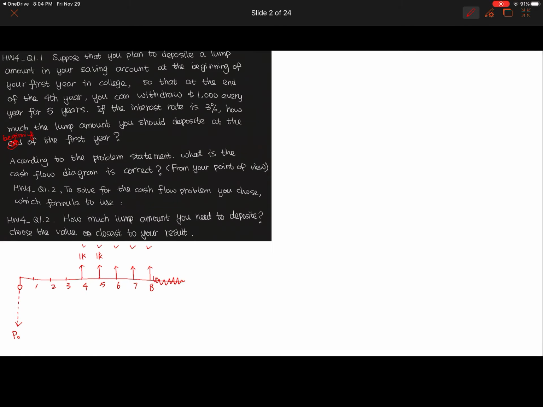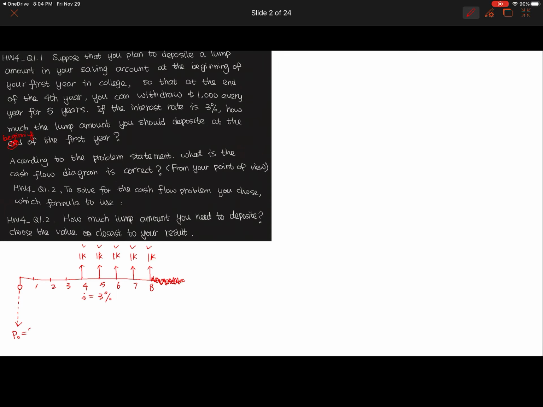Let's remove the additional length. You can label it as 1K for every year, and your interest rate is given as 3% per year.